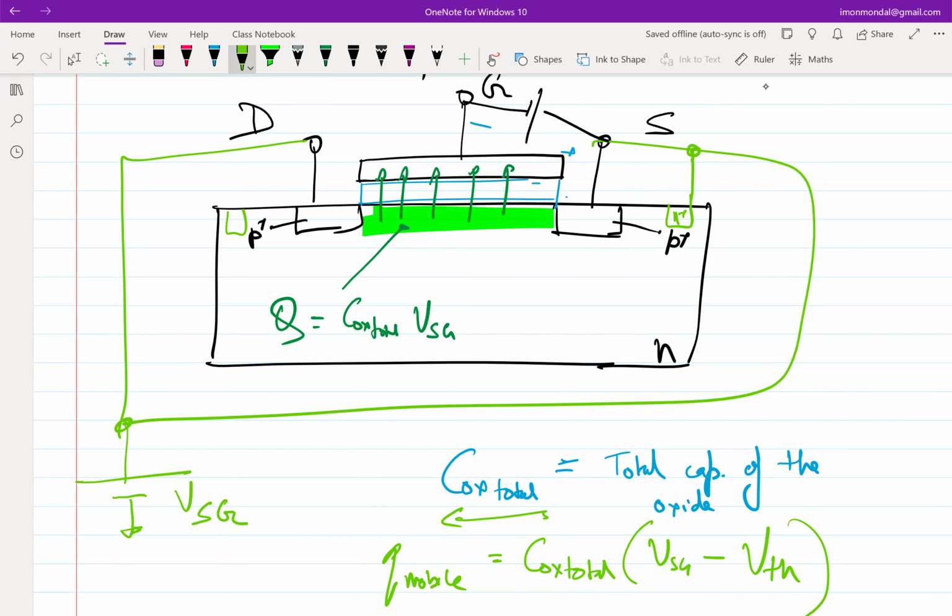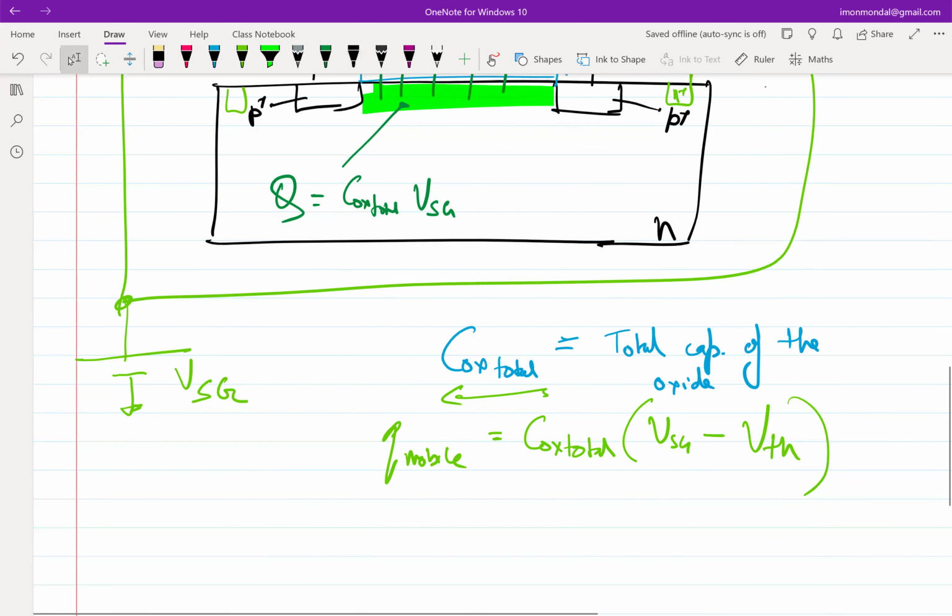But there is again a nomenclature issue. Often you will see later on, we are interested in the capacitance per unit area. The reason for that will become clear in the next class. But more often than not, we are always interested in the capacitance per unit area, which means that we'll have to define this Cox total in terms of capacitance per unit area times the area, right?